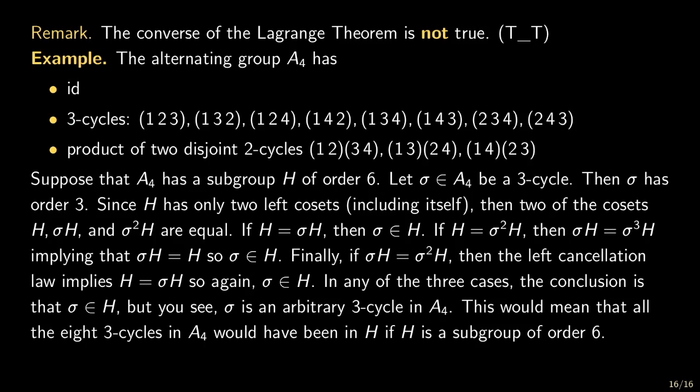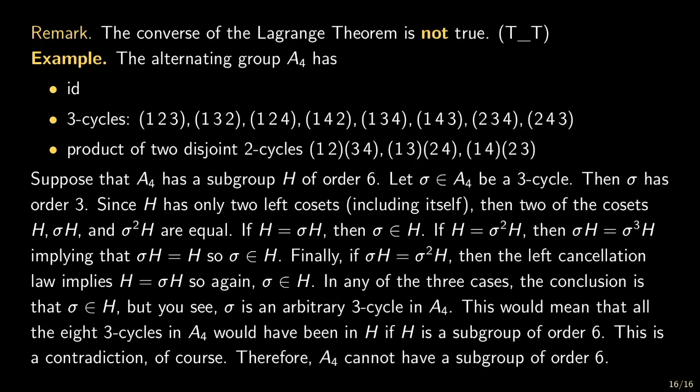Since we have 8 3-cycles that do not fit in 6, we have a contradiction. Therefore, A4 cannot have a subgroup of order 6.